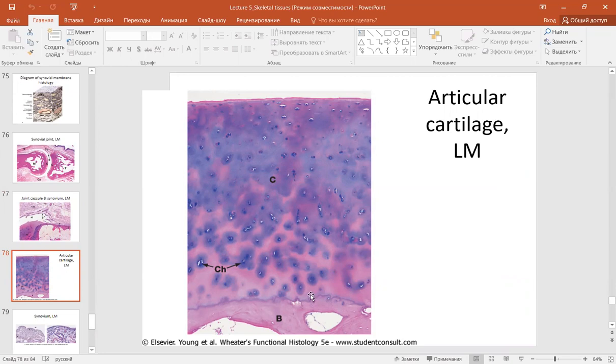Articular cartilage under the light microscopic magnification. The surface of the articular cartilage, the bone tissue, and hyaline cartilage with chondrocytes located in the lacunae. So it is mostly hyaline cartilage, with the exception of lacking perichondrium and having a specific arrangement of the collagen fibers within this type of cartilage.